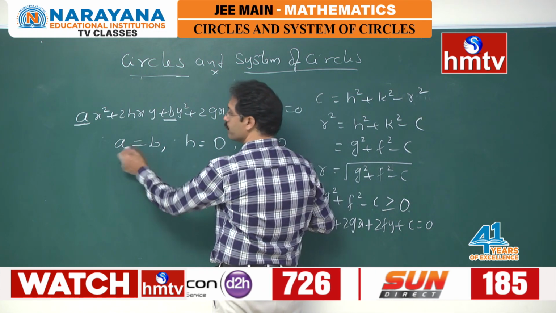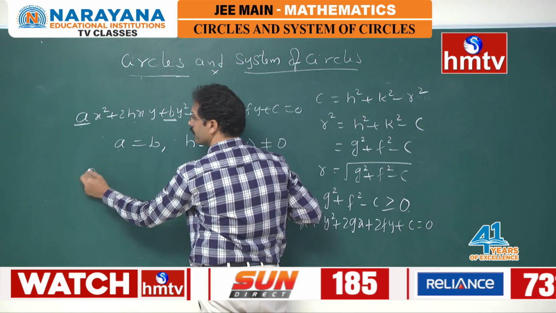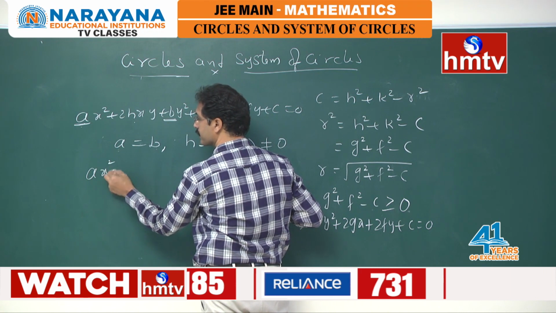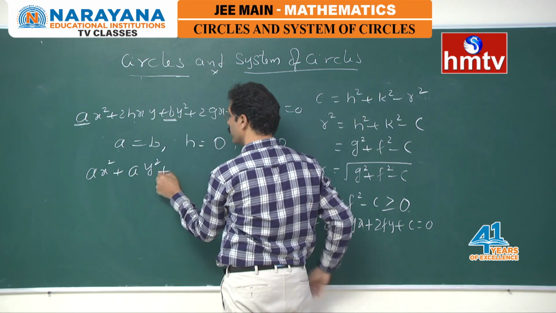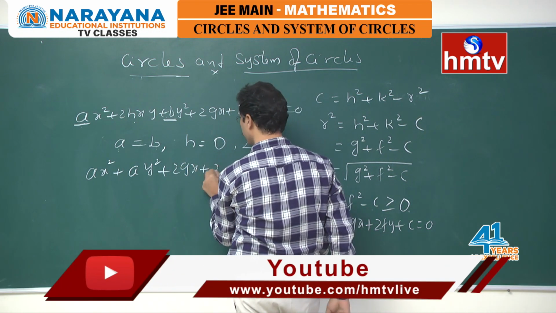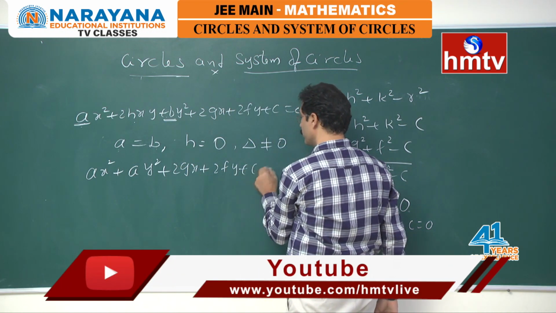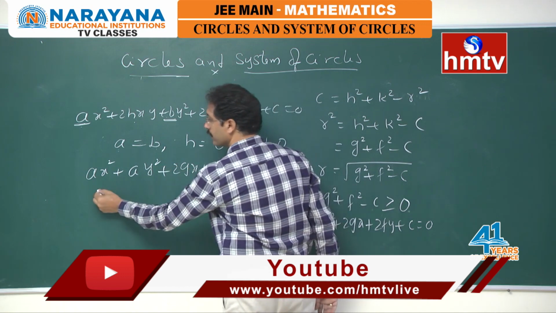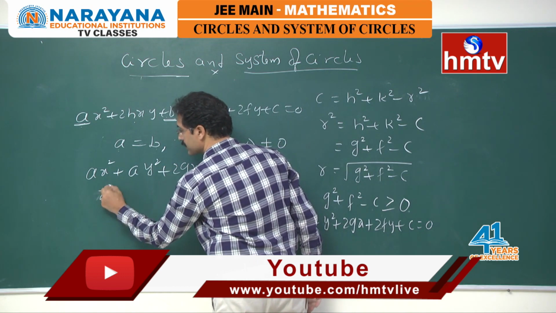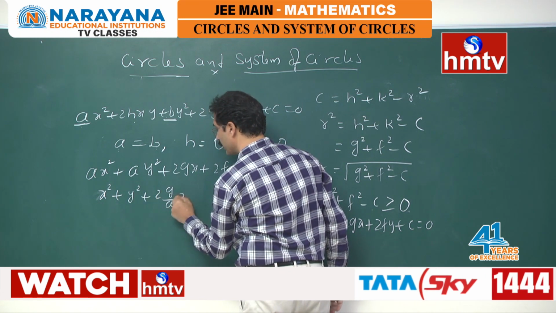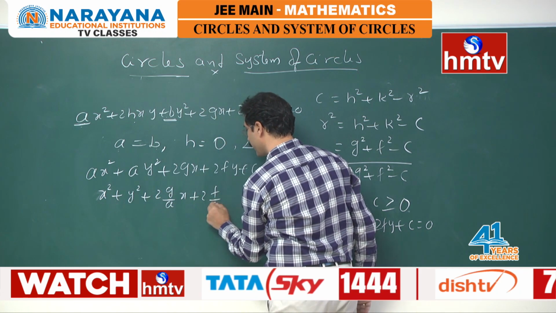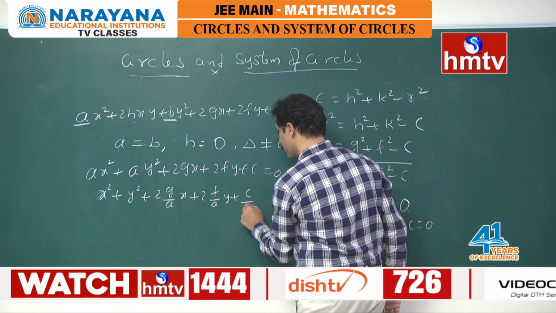That means, if I impose this here, a = b, the equation of circle will be ax² + ay² (I am putting b = a) + 2gx + 2fy + c = 0. So, if I divide by a, where a ≠ 0, then x² + y² + 2(g/a)x + 2(f/a)y + c/a = 0.